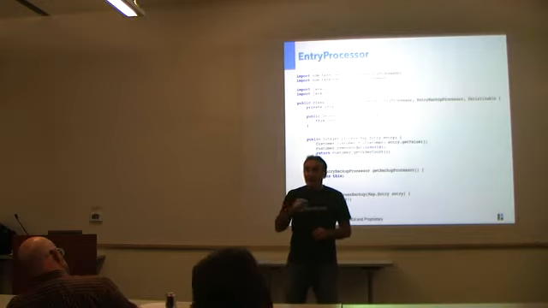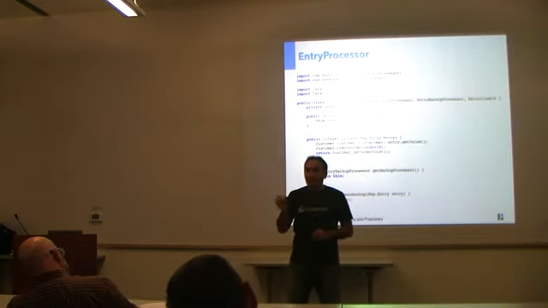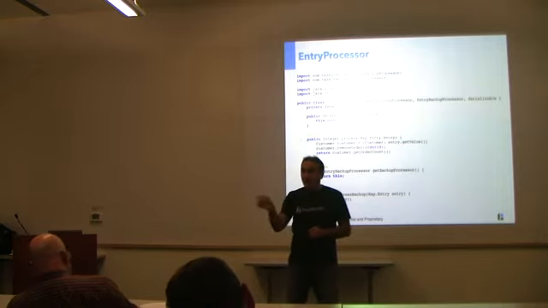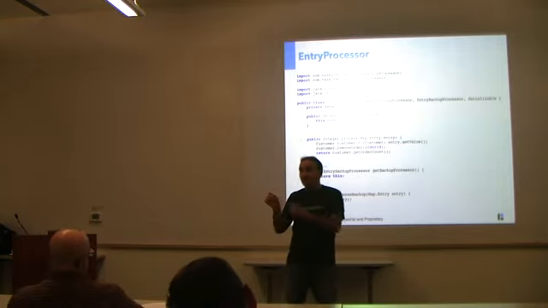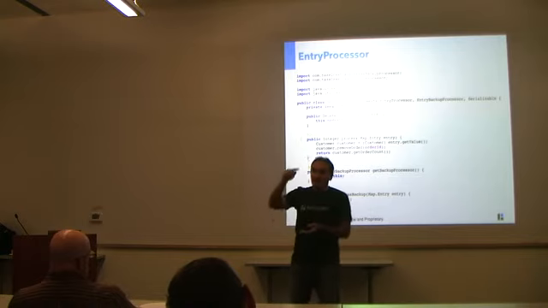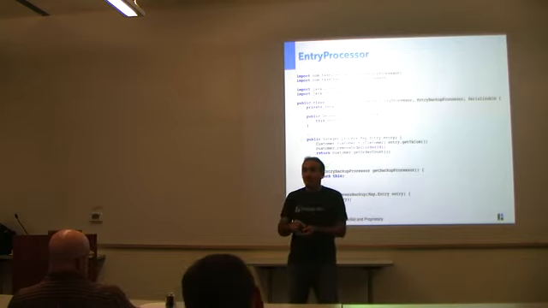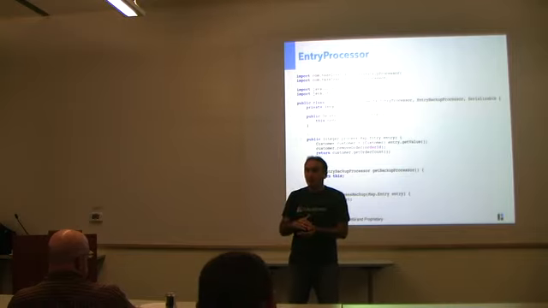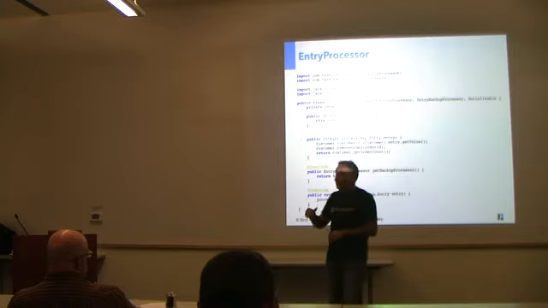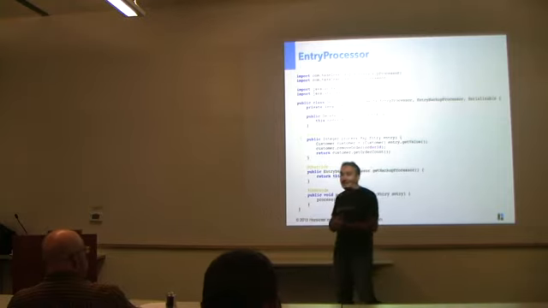That gives you access, from the partition, to get the customer's map, find your customer, and then go to your orders map and find your orders in one process. And you can atomically change both in one shot. That requires a partition processor, so the entry processor is not good enough for that.